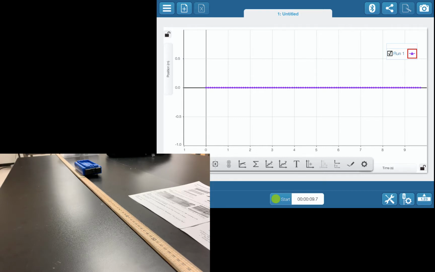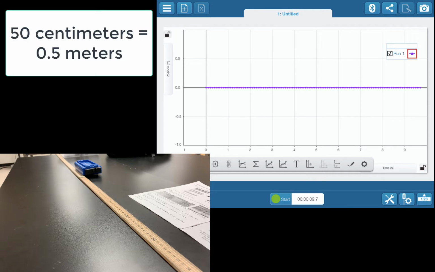The second trial asked us to move the cart forward slowly from 0 to 50 centimeters or 0.5 meters. And you can see the 0.5 on the y-axis. That's 0.5 meters. So eventually our line will get to 0.5 meters over a certain amount of time. So I'll go ahead and run that one.